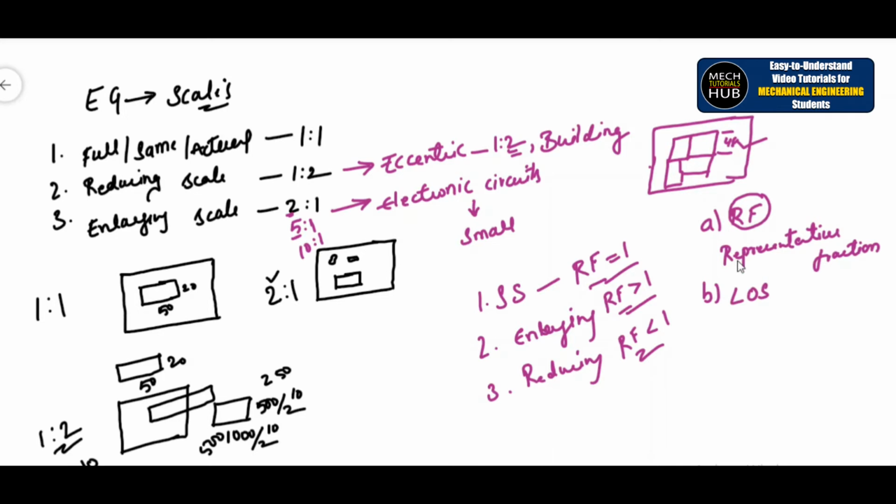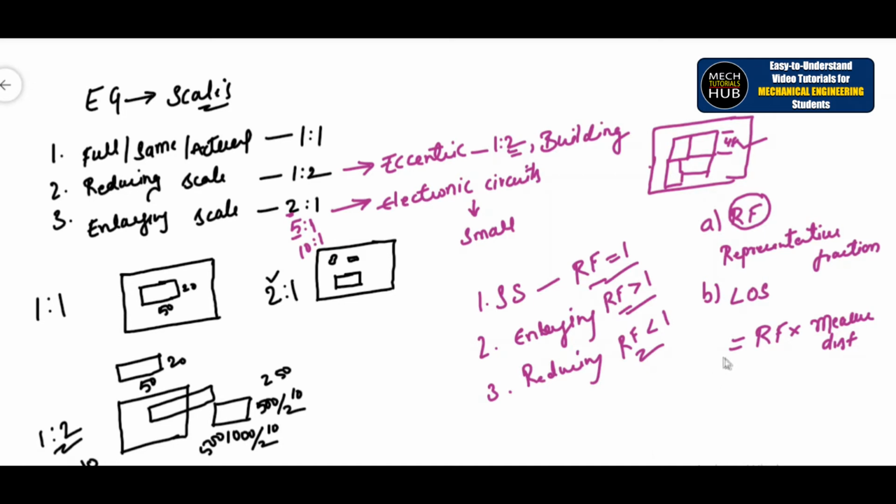Coming to length of scale, the formula is length of scale is always equal to RF into measured distance. Okay, RF into measured distance will give you length of scale.